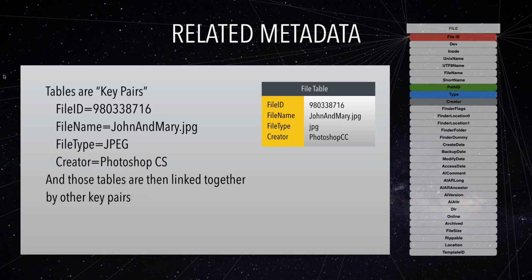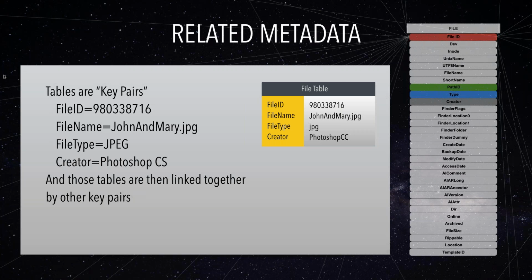So the problem becomes when these tables grow, it becomes computationally expensive to do deep searches or look across very large data sets. So in this example, I'm actually showing you just one of the tables. Most DAMs literally have generally anywhere from dozens to 100 different tables. But in this case, I'm just looking at the file table.